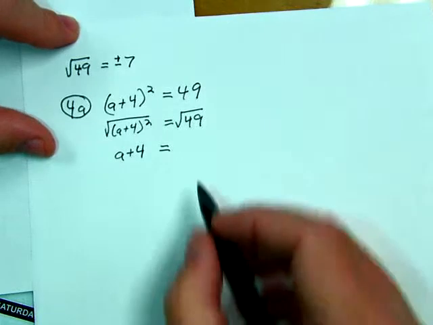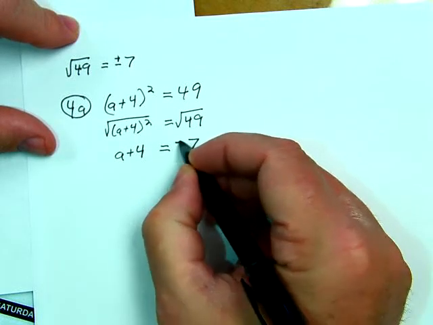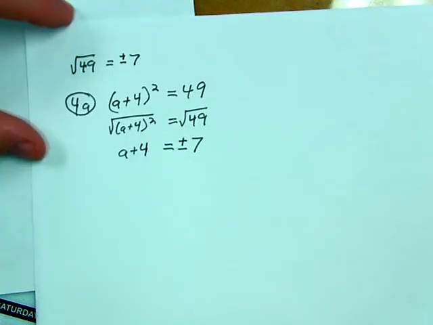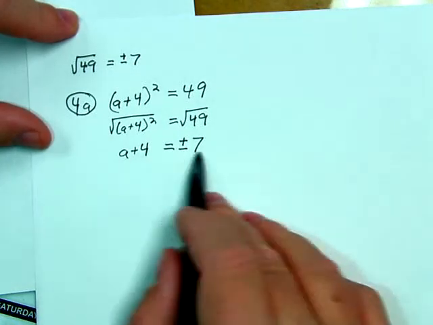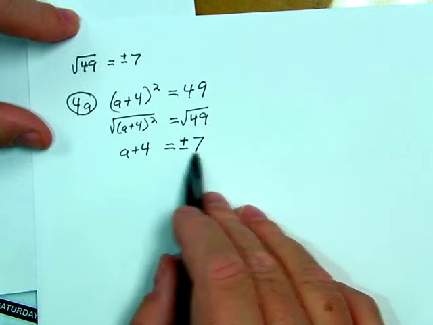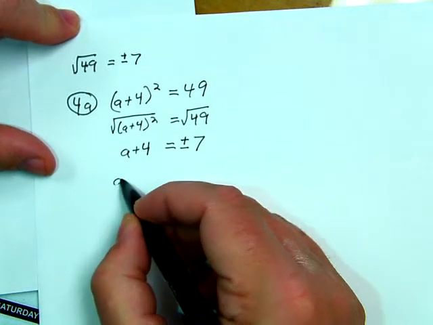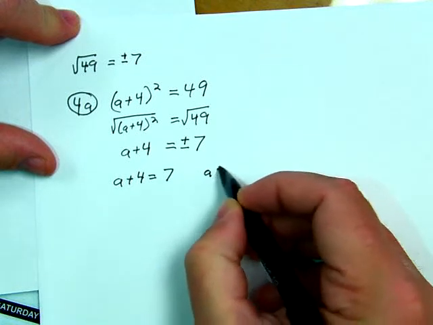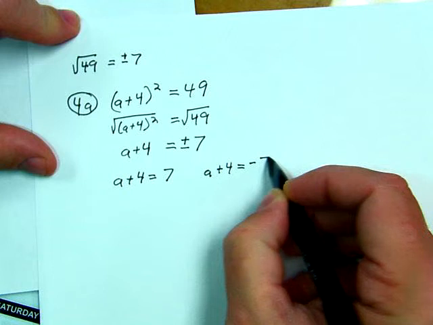On this side, it's very tempting to write 7, but that's what we're trying to point out: you write plus or minus 7. Since you're trying to solve this equation, now you have 2 equations to solve, one with plus 7 and one with minus 7. So write them both out: a plus 4 equals 7, and a plus 4 equals negative 7.